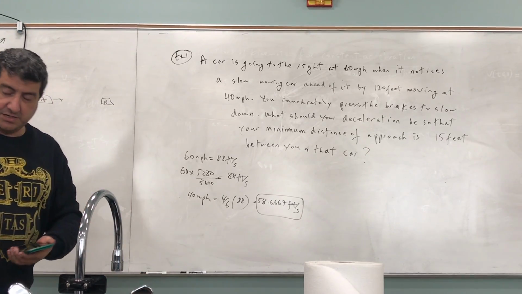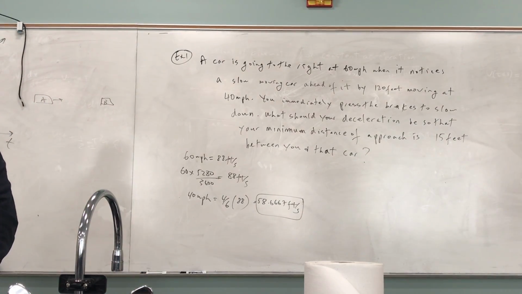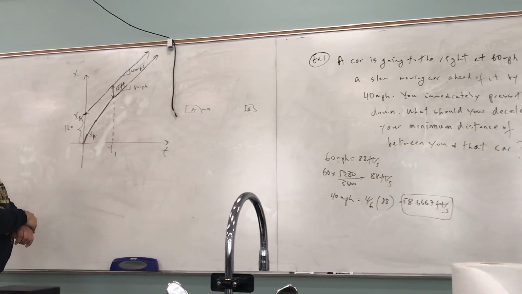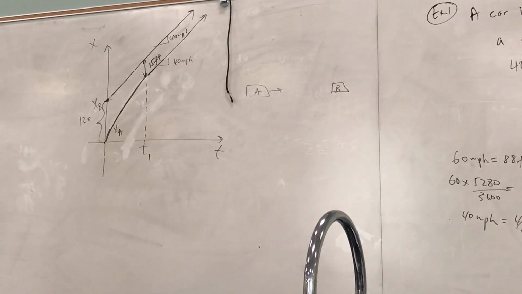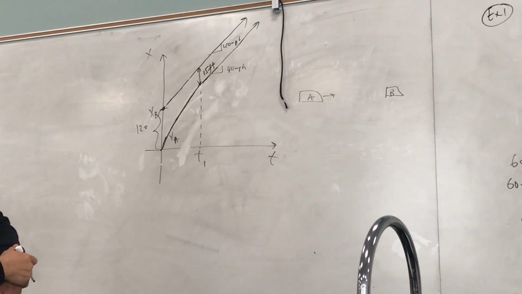Okay, so then, how do we set it up? We want the closest distance to be 15 feet. So that means we want this thing to be 15 feet, right? How do we set it up? What do we do?